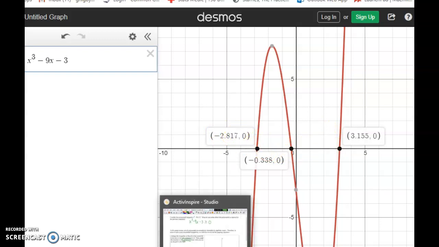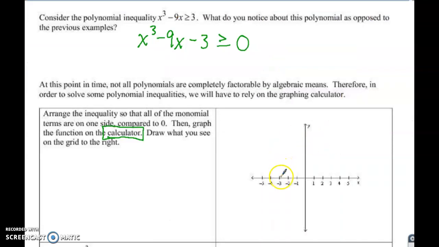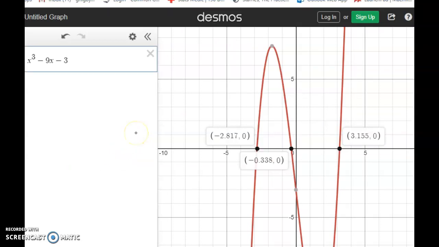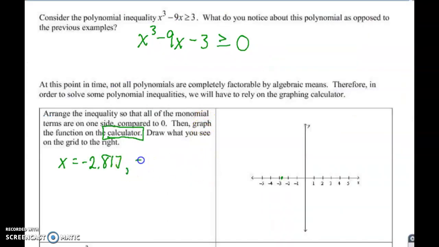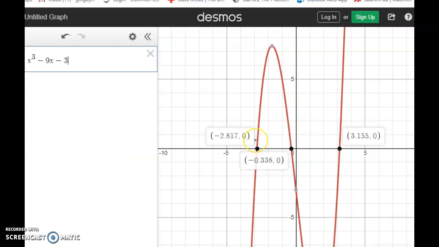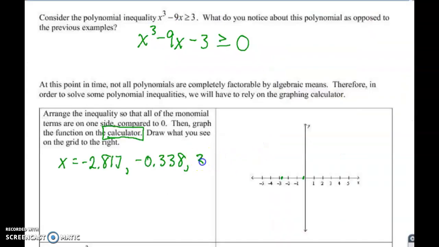So -2.817, -0.338, 3.155. And then our graph looks something like this.